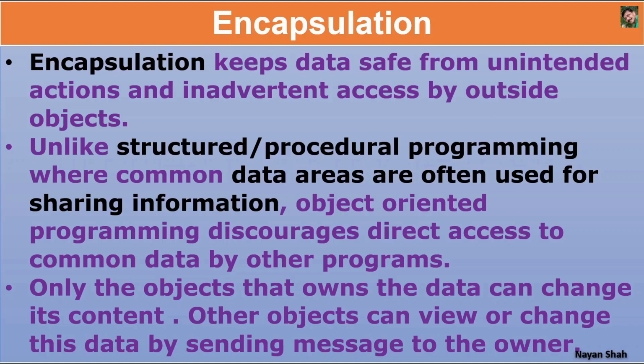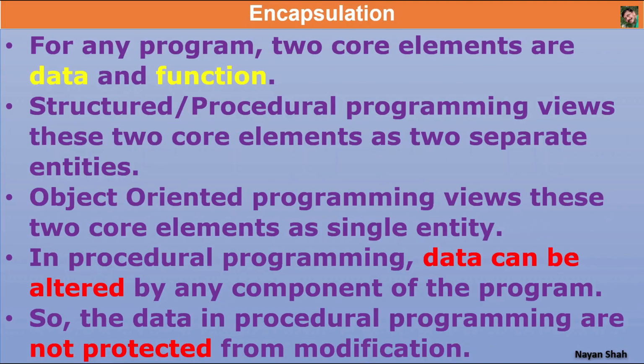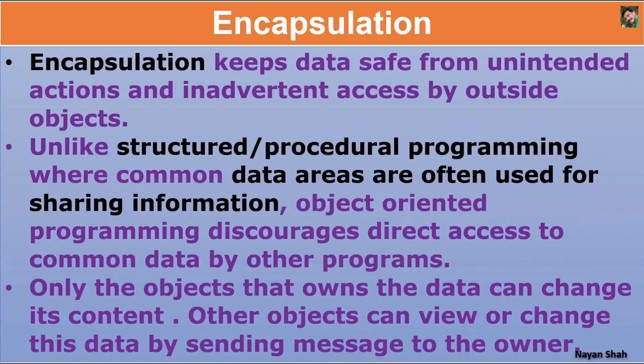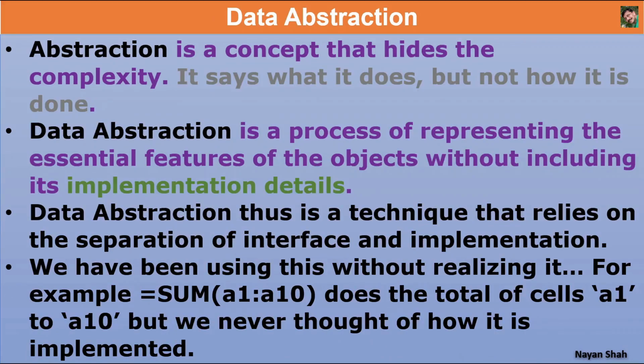Whereas in structured programming, any part of the program can manipulate the data, because, as we discussed, these two core elements are two separate entities, and they are not kept safeguarded in any envelope. Whereas in object-oriented programming, they are safeguarded within a class, and then that class is declared as private so that data remains protected. Next is data abstraction.